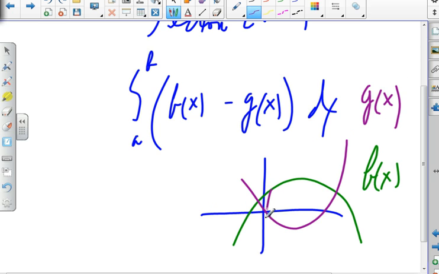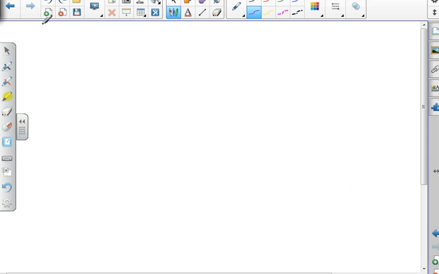I'd have to figure out what my limits are of my integral. So if I could figure out that point and that point, then I could put them in as a and b. f of x being the guy on top, g of x being the guy on the bottom. I subtract them, and I'm going to find the area. So that's the theory involved. I'm going to start with number 10.